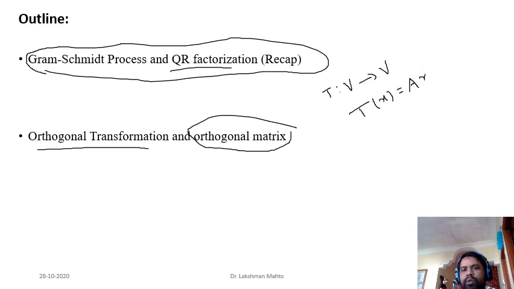That means T of x equals Ax. This scenario you have already seen. Now we will try to see a special kind of transformation which is orthogonal. If our transformation is orthogonal, then the corresponding matrix will also be orthogonal.